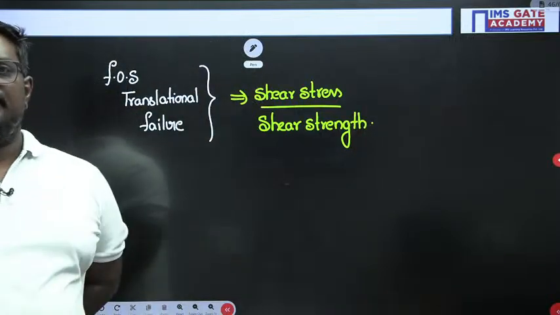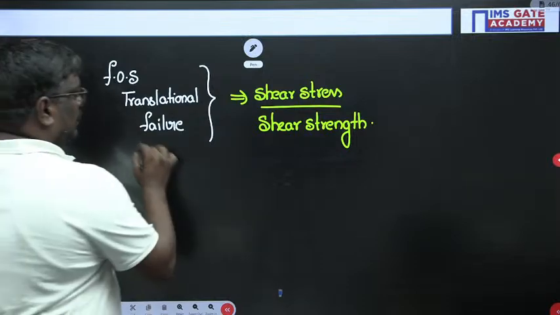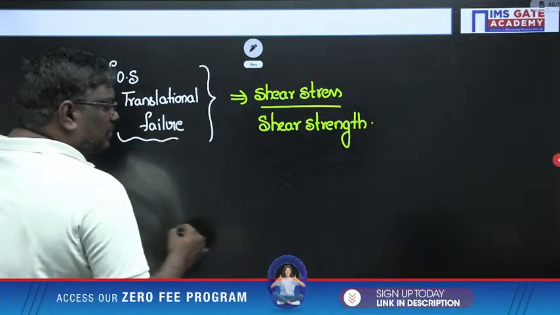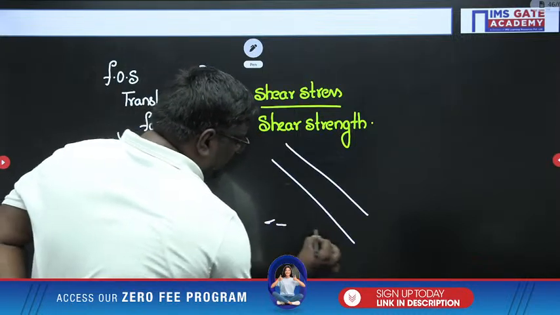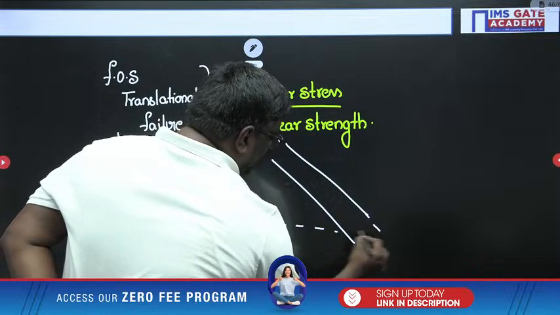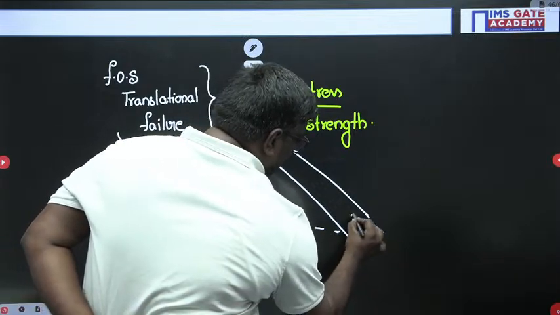Factor of safety is defined as shear stress by shear strength for translational failure. That means if this is a slope, the failure will act at some depth parallel to the slope, and you can say that the angle of the infinite slope is i.